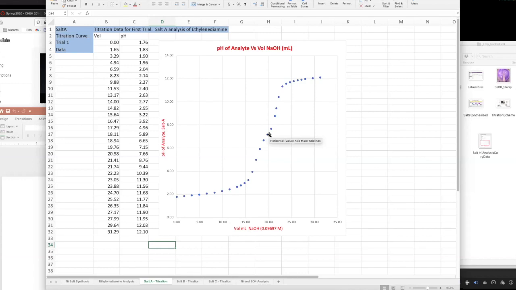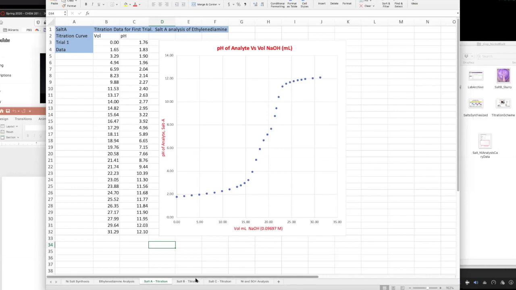You have to use the first inflection point, when the indicator changes color. So that's salt A. You have to figure out what volume this particular inflection point is, because that's your equivalence point. At that point you want to know the volume, because the volume of the sodium hydroxide times the concentration of sodium hydroxide is the moles of sodium hydroxide.